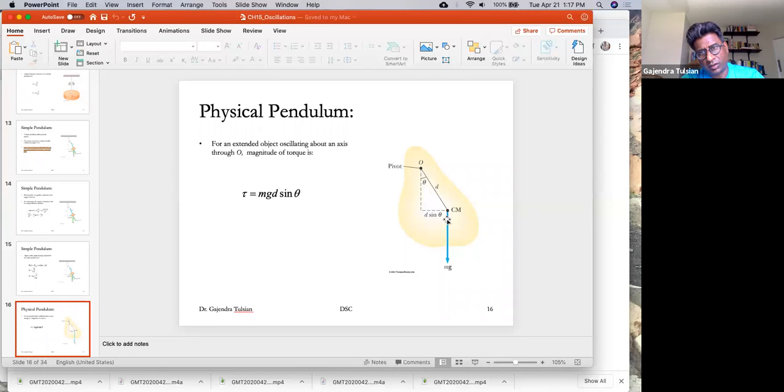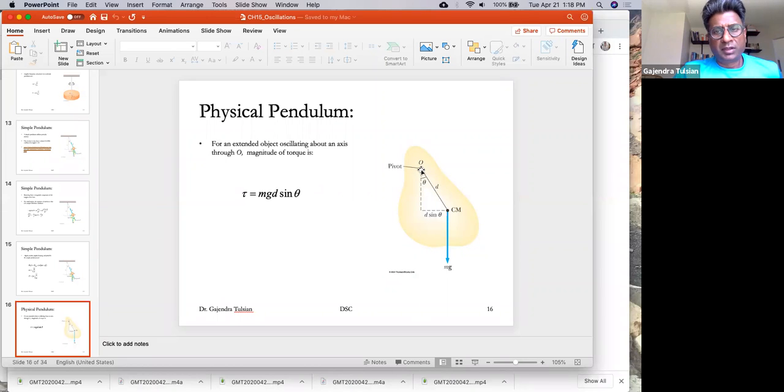As long as it's not the center of mass point, the object will oscillate. The equilibrium position is when the center of mass is directly below the suspension point, and if you move it away from under the suspension point, it will oscillate back and forth, assuming it's frictionless. If there's friction, the oscillations will die out.